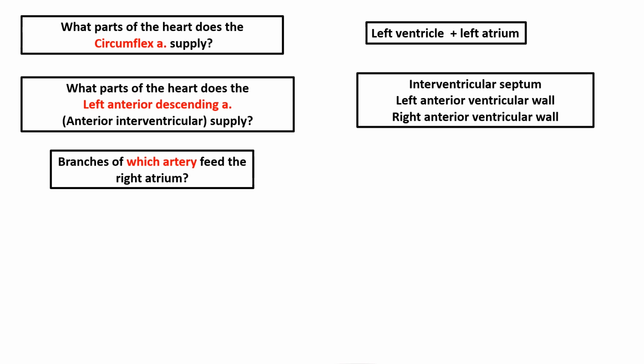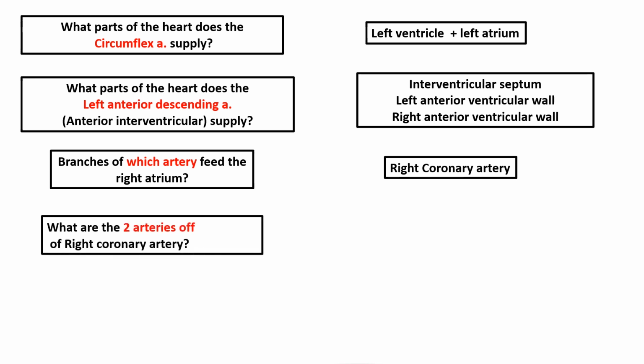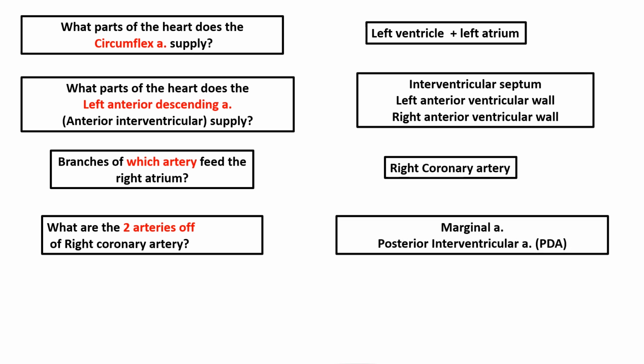Branches of which artery feed the right atrium? Now, of course, it is going to be the right coronary artery. What are the two arteries that come from the right coronary artery? It is going to give the marginal and posterior interventricular artery.